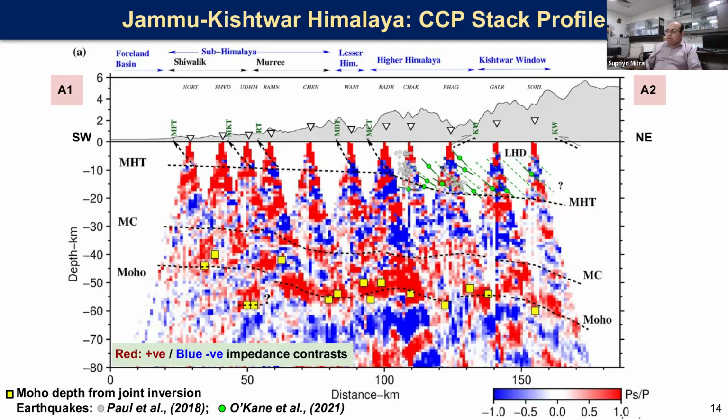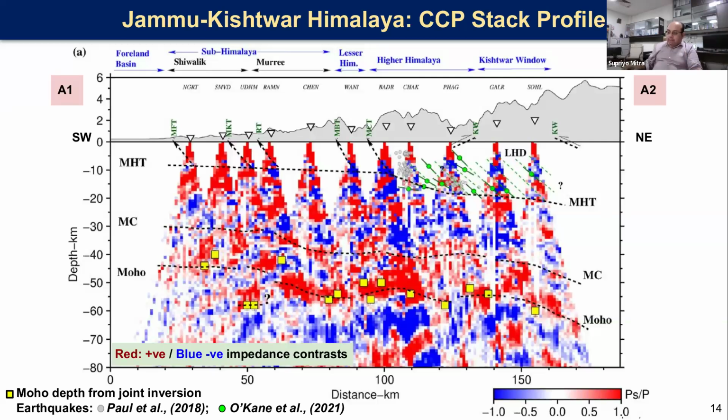On top of this, what I've also plotted here are all the earthquakes that had been located by Paul et al. using the network data that we have, and also Ashling, where Ashling's earthquakes are actually plotted in green. She also had a constraint on the dip of the plane on which the earthquake happened. Therefore, you have these bars on top of the green circles, which show you the dip of the plane.